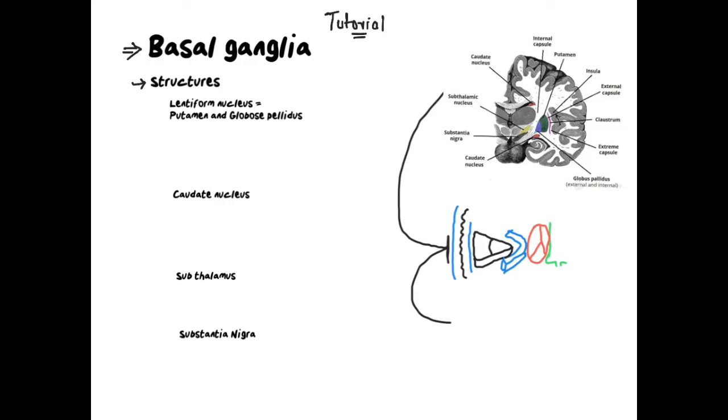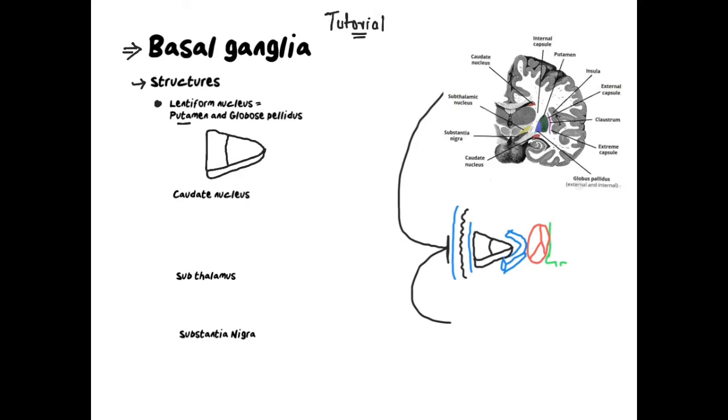Now, we have the lentiform nucleus. Let's say if I draw the lentiform nucleus, it is a cheese or triangle shape nucleus. This is called your lentiform nucleus, right? Now, the lentiform nucleus consists of two structures.